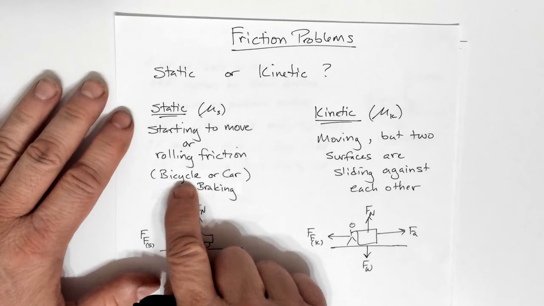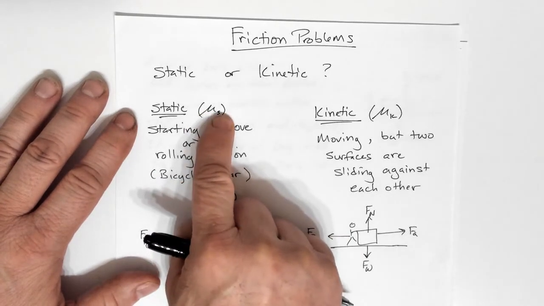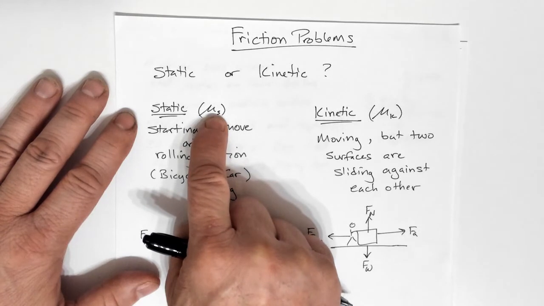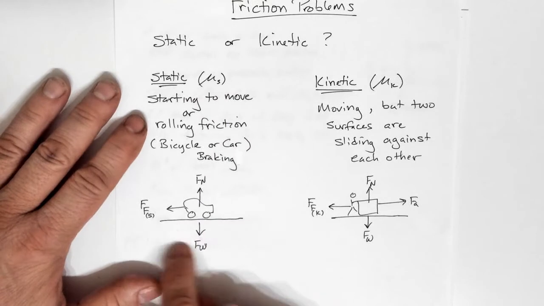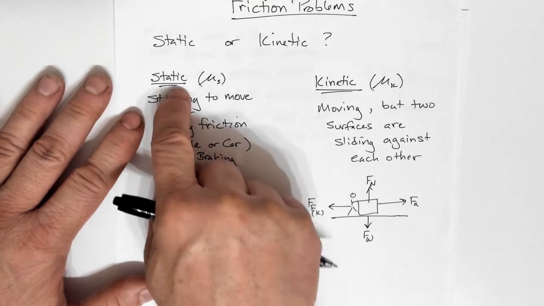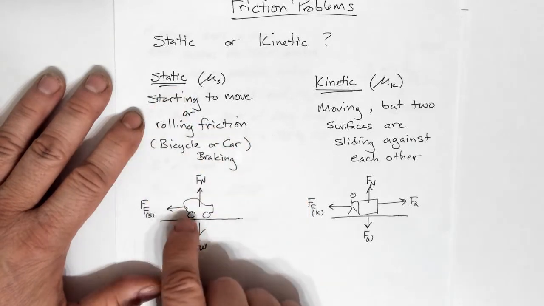So when a bicycle or car is braking, you're going to use the mu s, the coefficient. This is called the coefficient of friction. Okay, mu. And so in these kinds of cases, we're going to use the static. So for the problem I just gave you, we're going to use the static number.